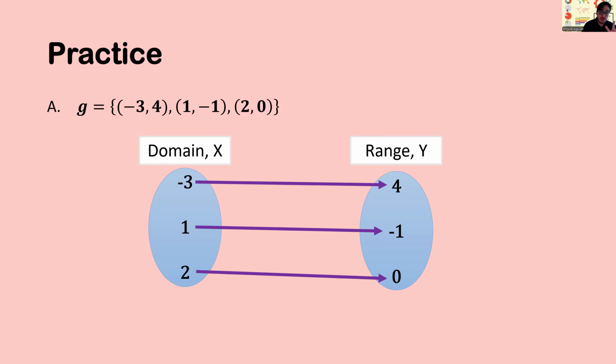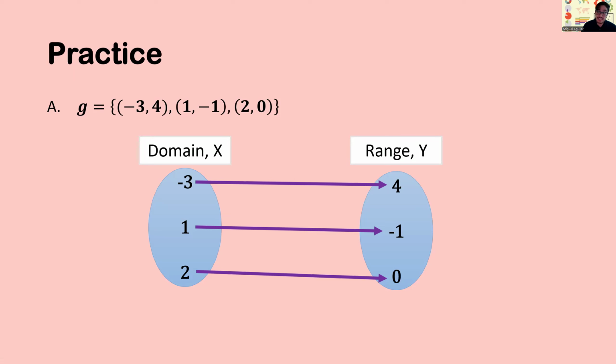So I'm going to ask you two questions again. First, is this a function? Yes, it is, because all of the x values only have one arrow connecting them to exactly one element in the range. Then we can follow up and ask, this is a function, but is it a one-to-one function?